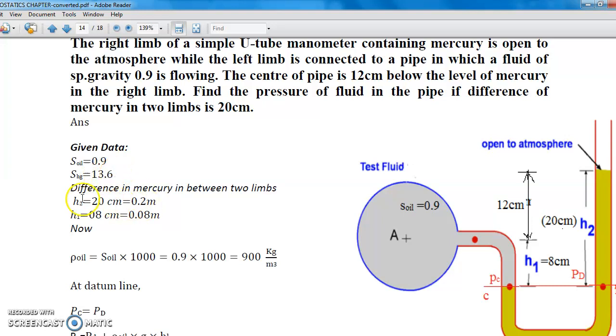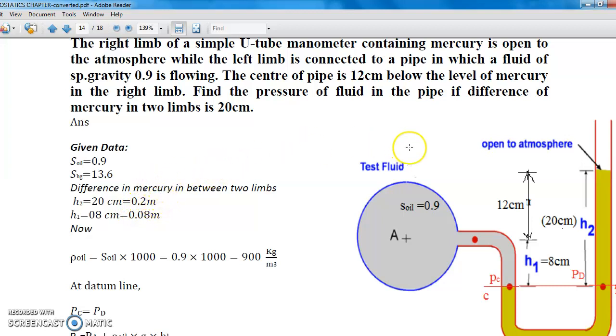Okay, then another data is given. The difference of the mercury in the two limbs, that is H2, is 20 centimeter. So what to do? You have to convert centimeter to meter, so you divide by 100, and it will come to 0.2 meter.